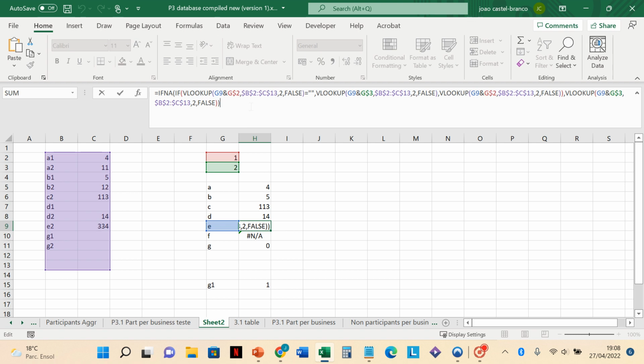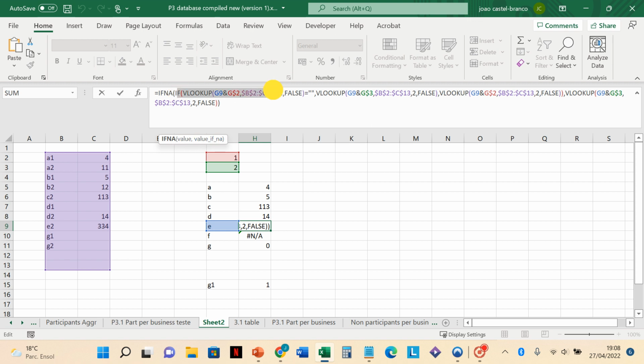So on E, what happens? It tries to find the value of E in the first month. So E is a G9, and I aggregate the first month, which is this G2, and it cannot find it. So in this formula, the part of the value is going to be NA, not available.